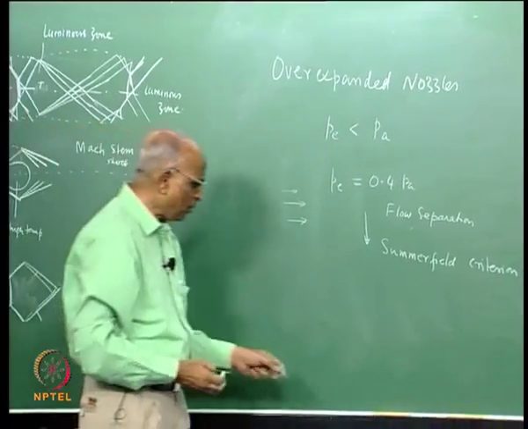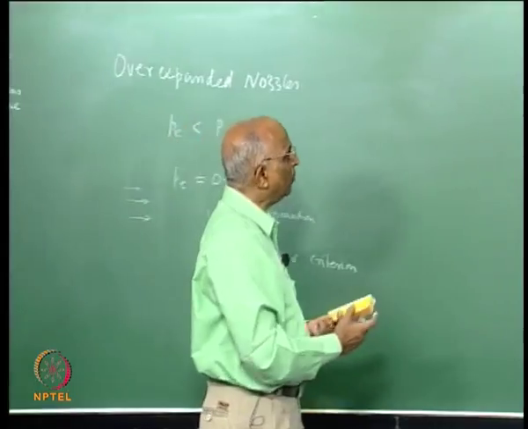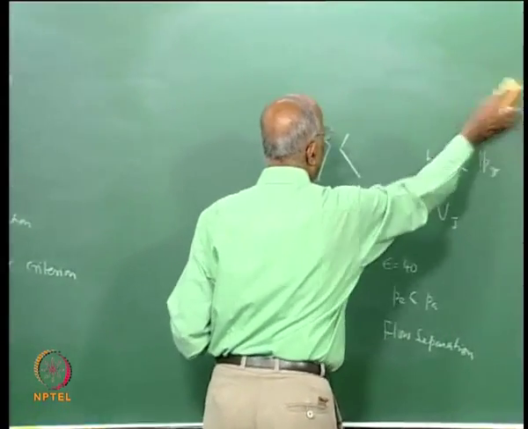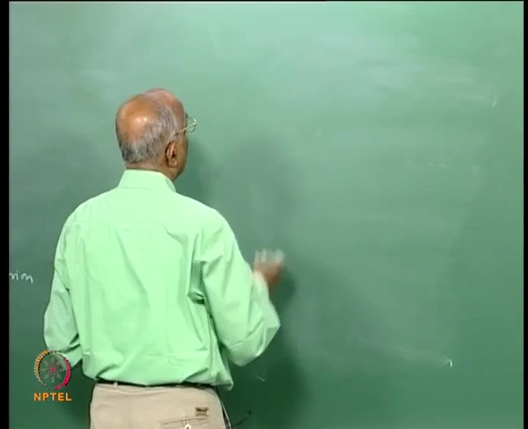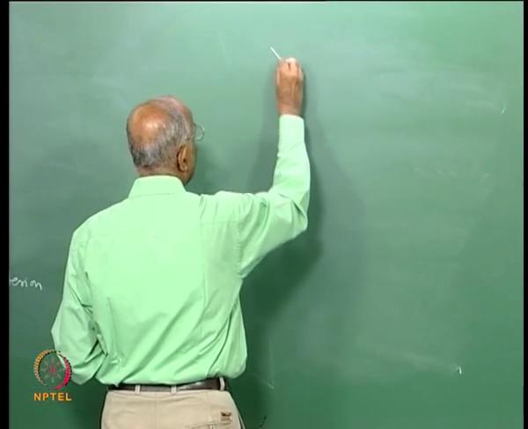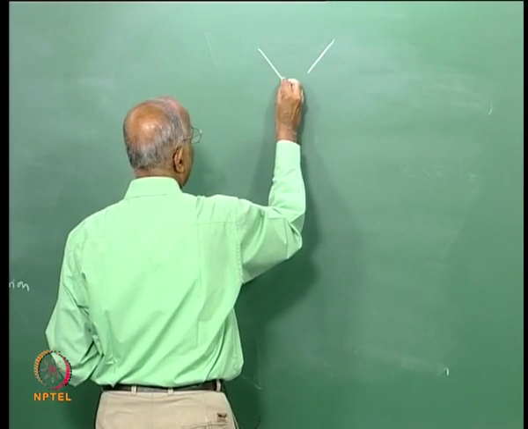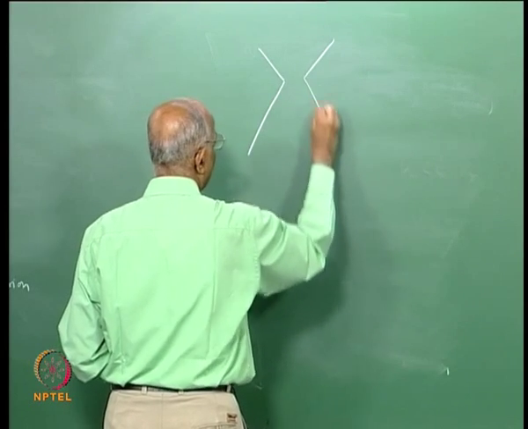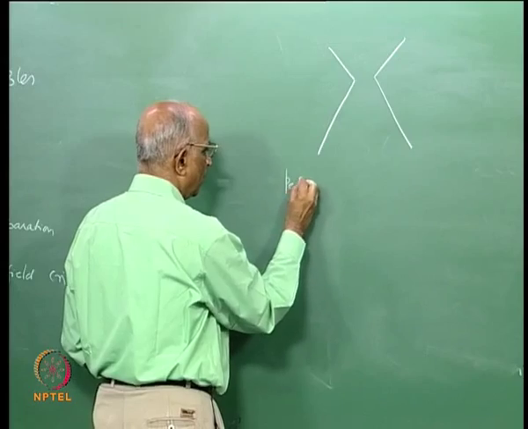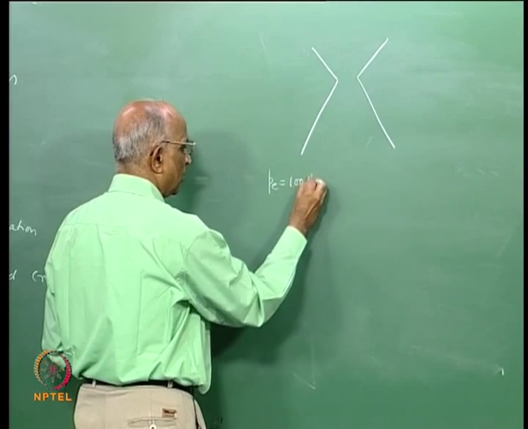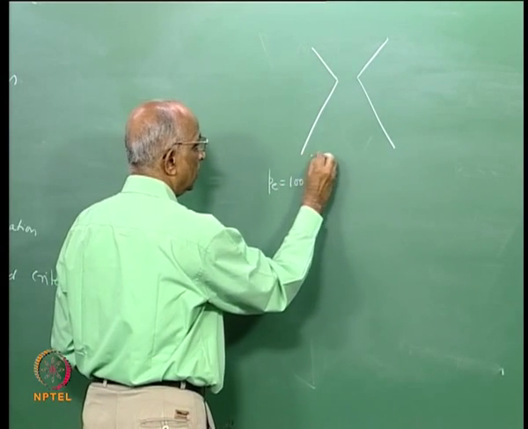What is the implication of this? Supposing I have to make a nozzle perform on the ground. Let us now plot the shape of the nozzle, convergent followed by divergent. Then my ambient pressure is let us say 100 kilopascal on the ground.